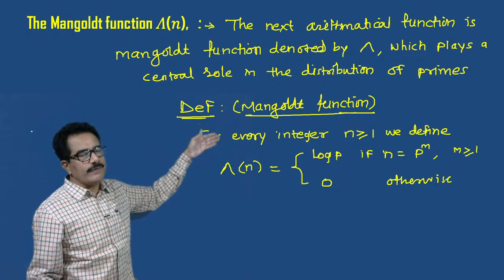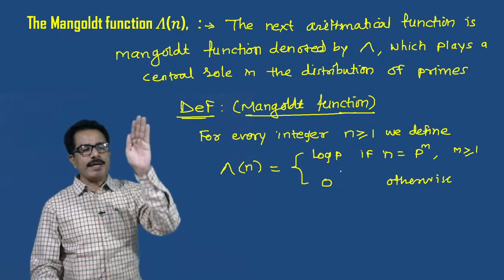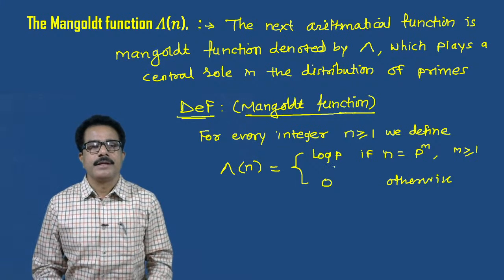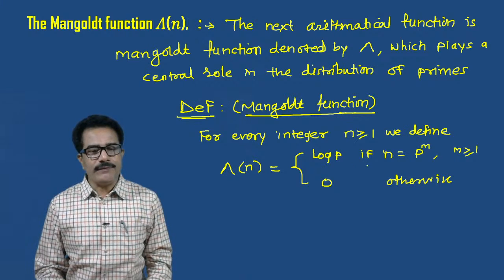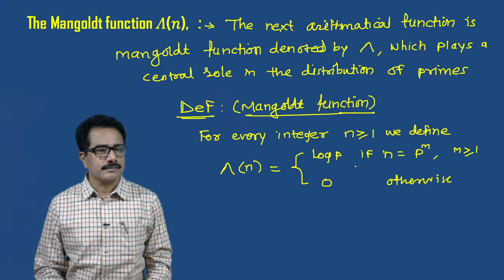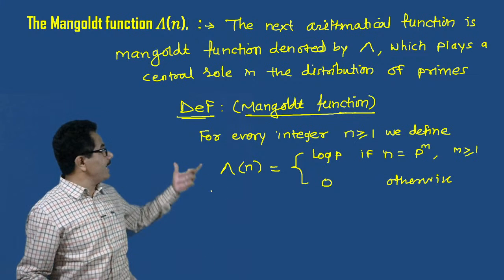Now the Mangoldt function means for every integer n greater than or equal to 1, we define a function lambda of n.